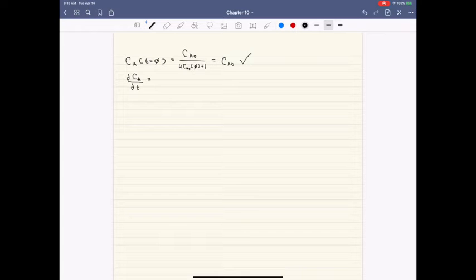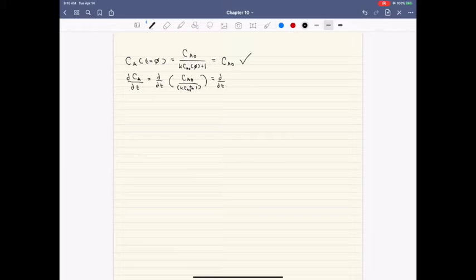So dCA dt. What we need to do here is take a derivative of all this stuff. Here, k CA naught times t plus 1. And you could also rewrite the equation this way.